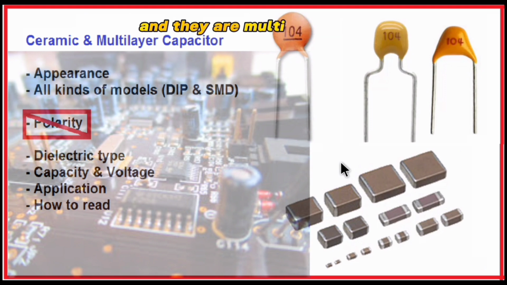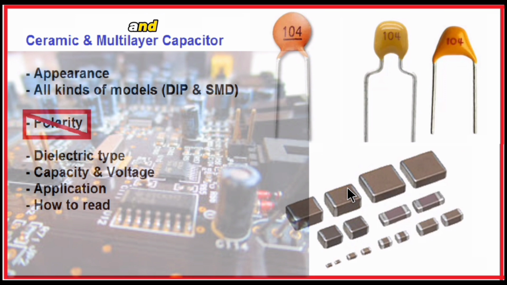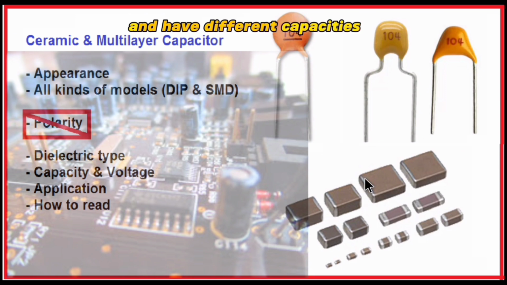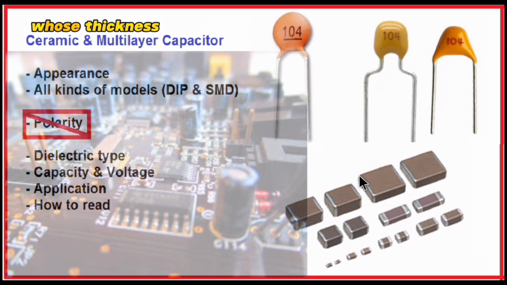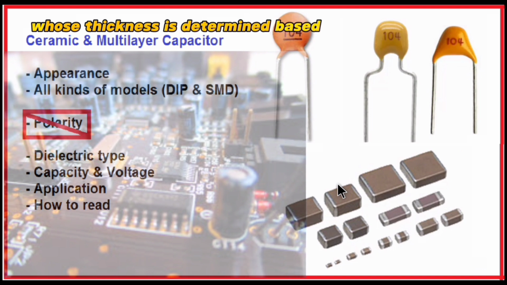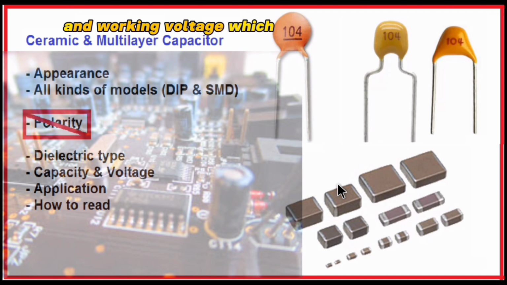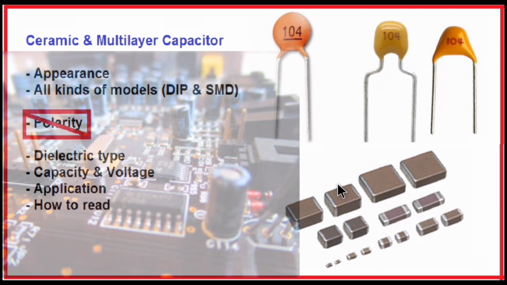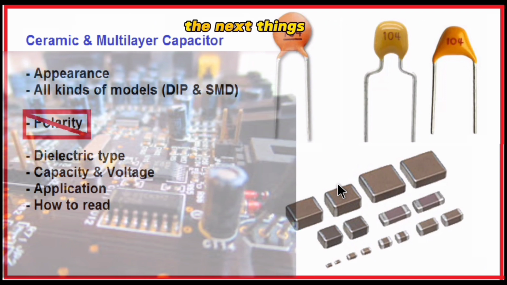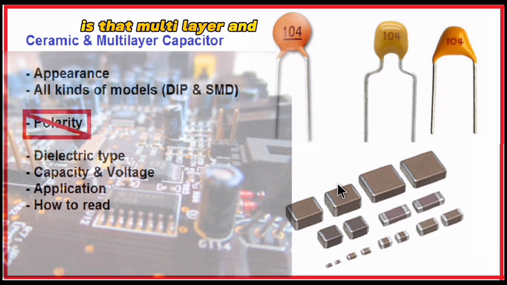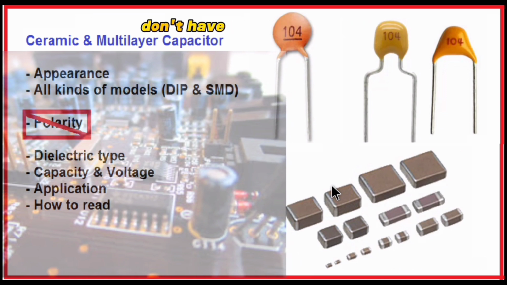And they are multi-layered and have different capacities whose thickness is determined based on their capacity and working voltage, which I will explain later. The next thing is that multilayer and ceramic capacitors don't have polarity.